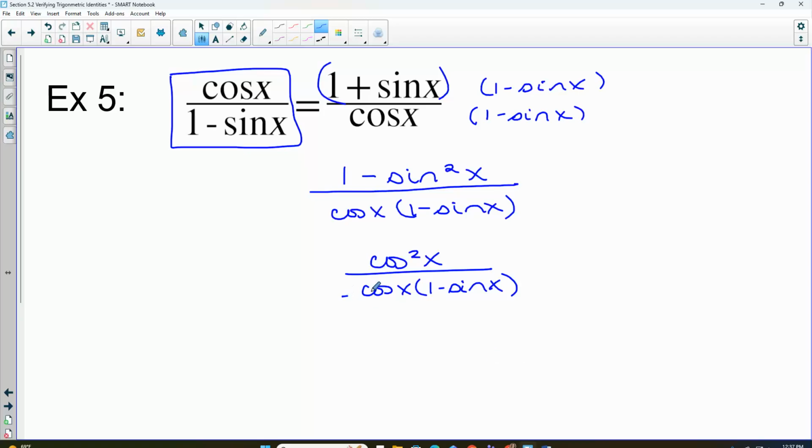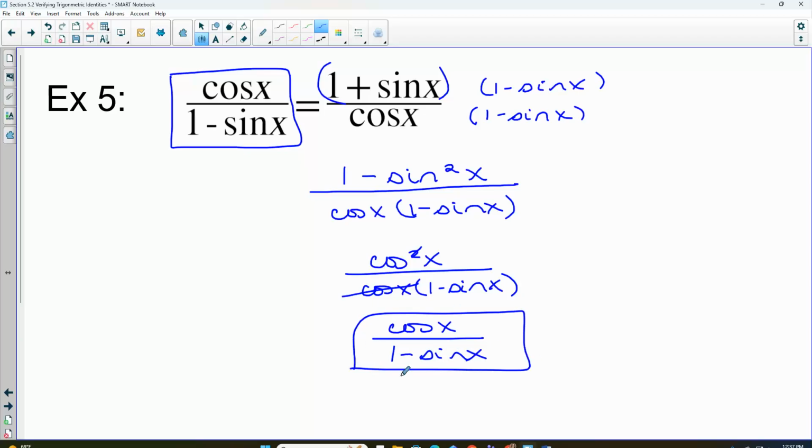Now I can cancel a cosine, and I get cosine x over 1 minus sine x. So that's another new strategy, just multiplying something else in.